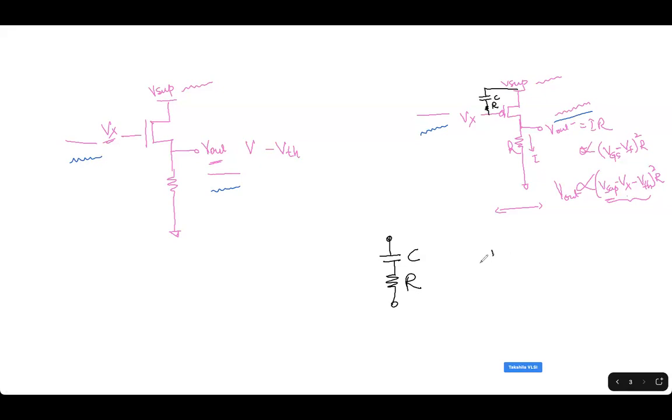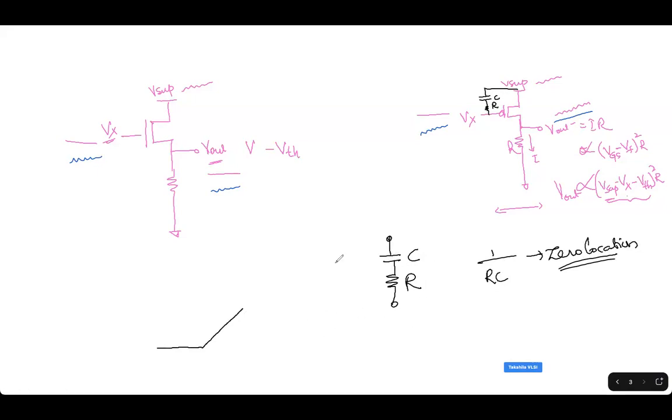That frequency is given by 1 by RC. This happens to be a zero location. What was your curve looking like? It's looking like this, right?